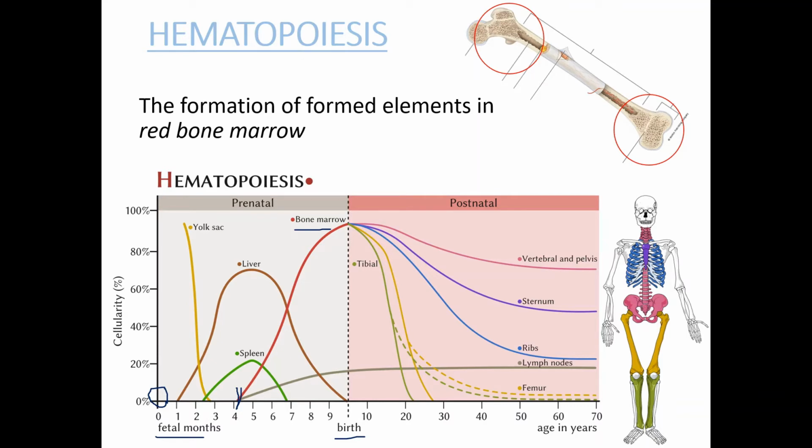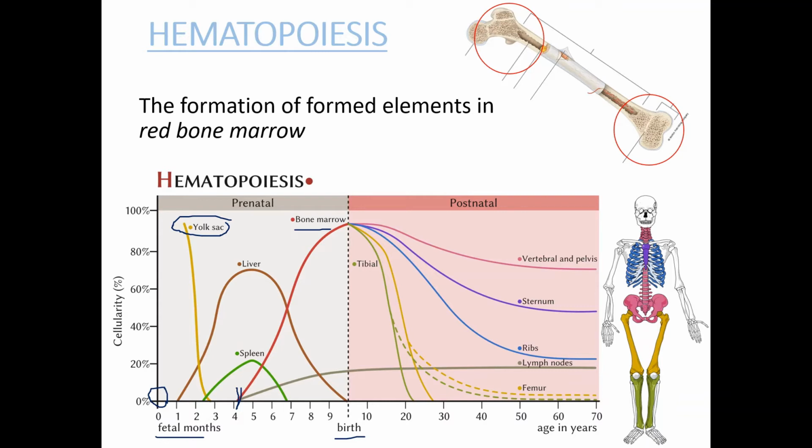And so before you have bones that have a distinct spongy bone versus compact bone, essentially all of your formed elements are going to be created somewhere else. And even that changes. First of all, before you even have organs, the yolk sac, yes, humans have a yolk sac. We'll get into that at the end of the semester, but the yolk sac is actually responsible for making your formed elements.